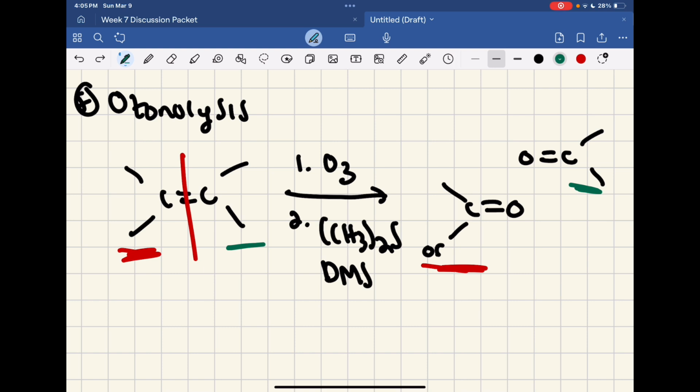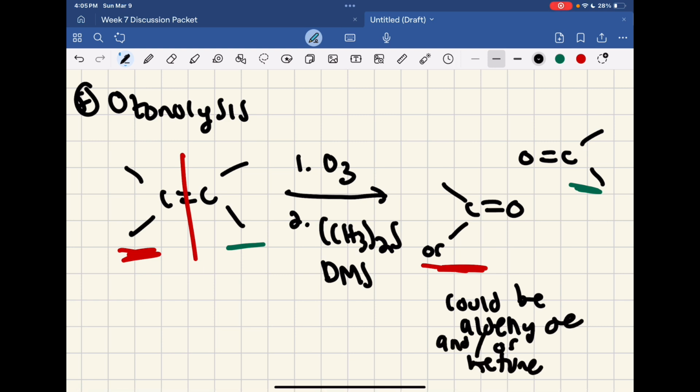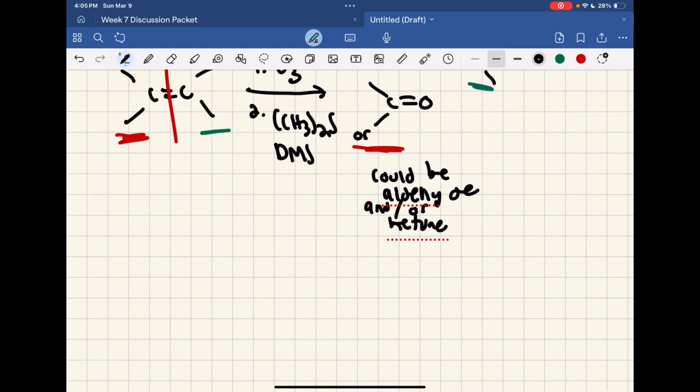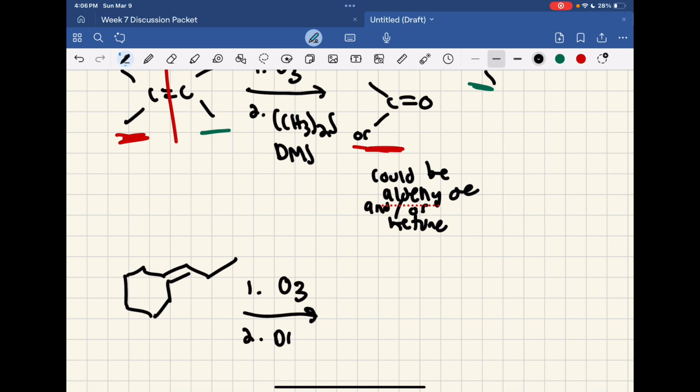Okay, so maybe I'll write that in. Could be aldehyde and or ketone. Okay, so let me give you another example of that. So that would be a structure that looks maybe like this. And I said ozone, DMS.